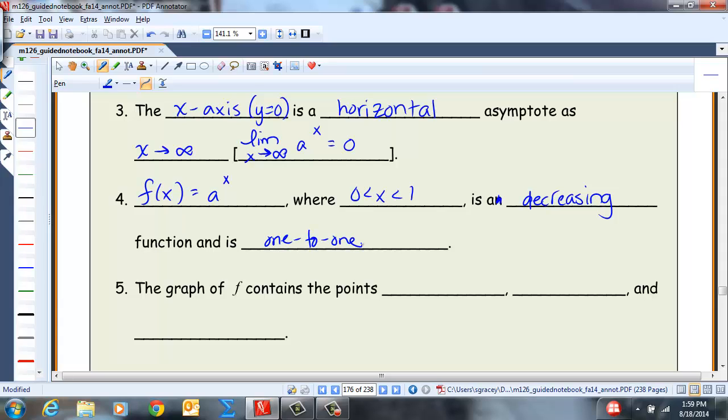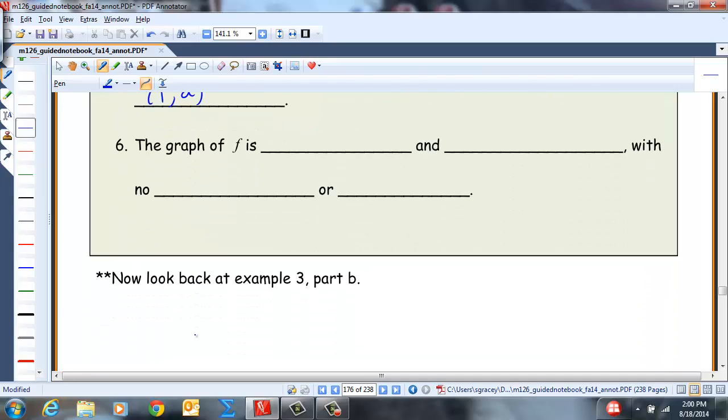The graph of f still contains the points -1, 1 over a, 0, 1, and 1 comma a. And the graph of f is smooth and continuous with no corners or gaps.